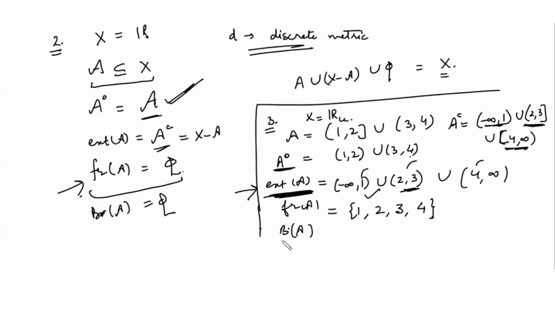And now what are the boundary points? Singleton 2, only 2. Is it clear now? Because 2 is the frontier point, and 2 also belongs to the set A. So therefore this will become the boundary point. The rest, 1, 3, 4, are only frontier points, not boundary points, because they are not members of A.